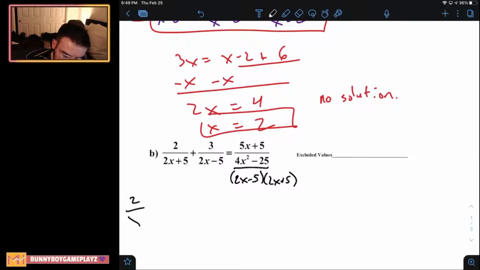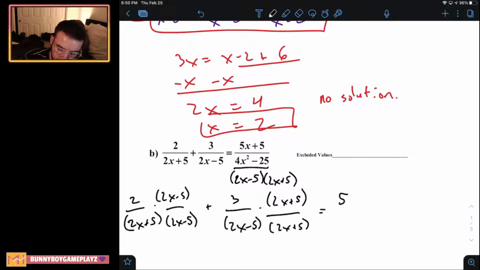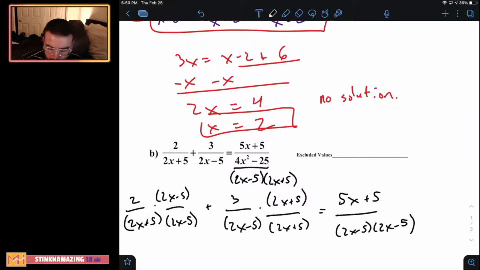Because when we create our common denominators, we only need to multiply by 2x minus 5 on that one, and we only need to multiply by 2x plus 5 on this one, and then this guy's just chilling, right? There's nothing extra we need to do on this one.